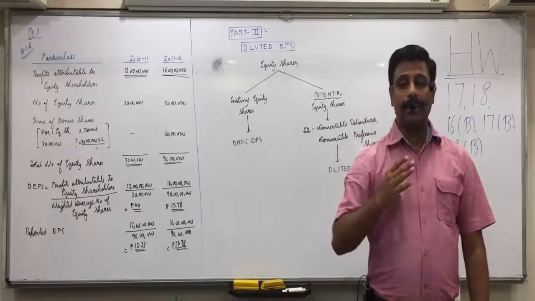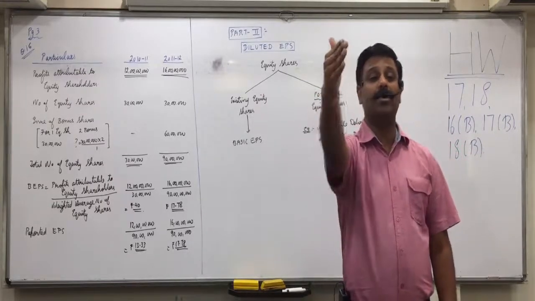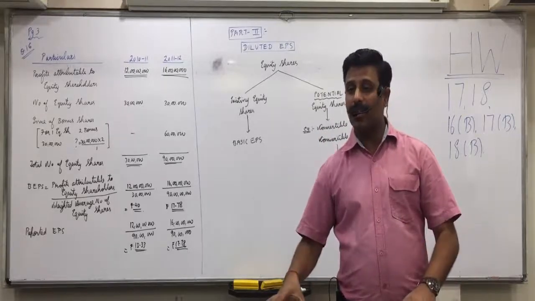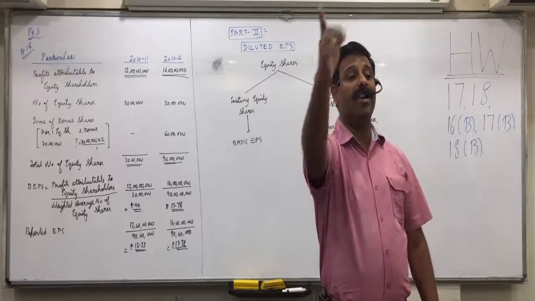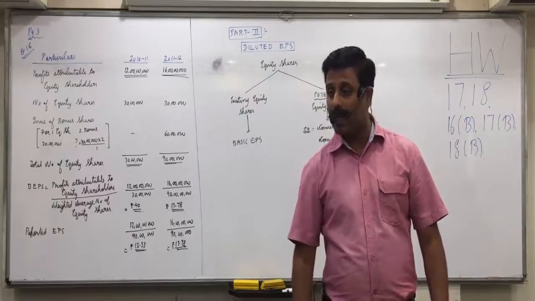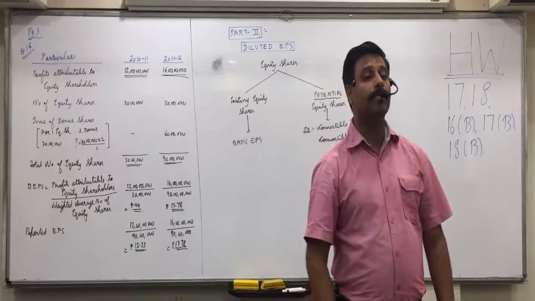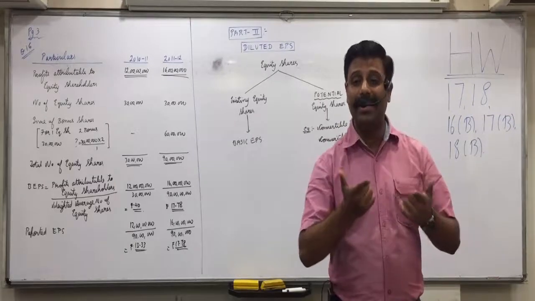After 3-4 years, when debentures also get converted into equity shares and preference shares also get converted into equity shares, the earnings of the company, instead of 17 shareholders, will be distributed between 25-26 shareholders. Will the earning per share go down or not? It will go down, it will get diluted, it will get decreased.